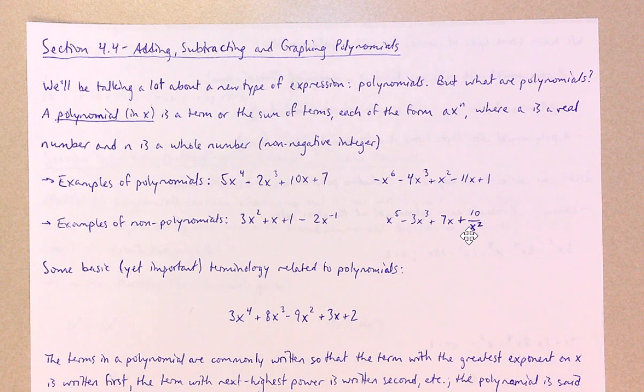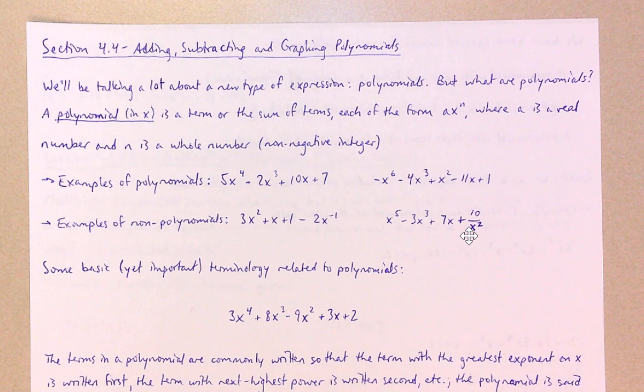A can be any real number whatsoever, but we are going to be really working with integers here, and n is any whole number. So to be clear, that is a non-negative integer. So 0 or higher, 1, 2, 3, 4, 5, so on and so forth upwards.